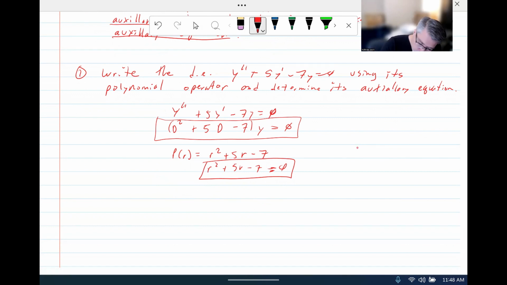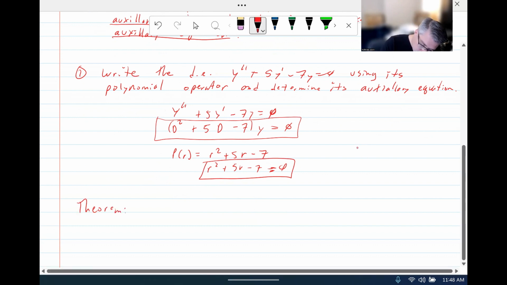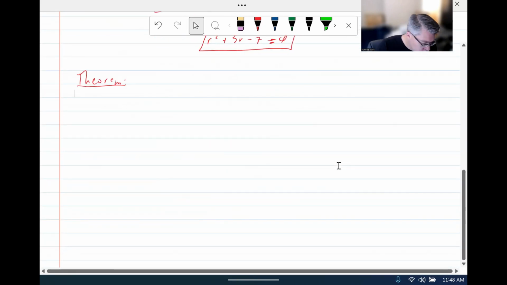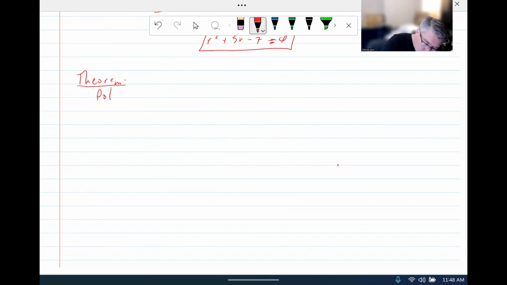Okay, theorem. Polynomial differential operators have linear factors.